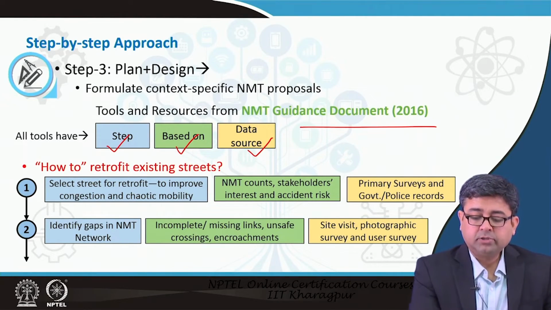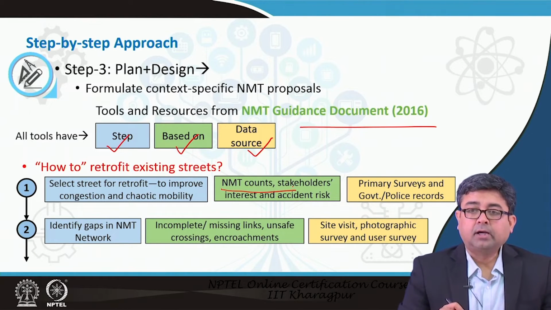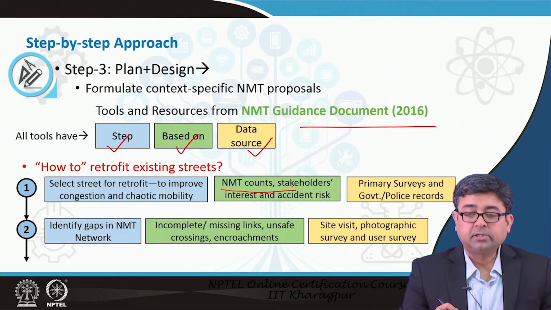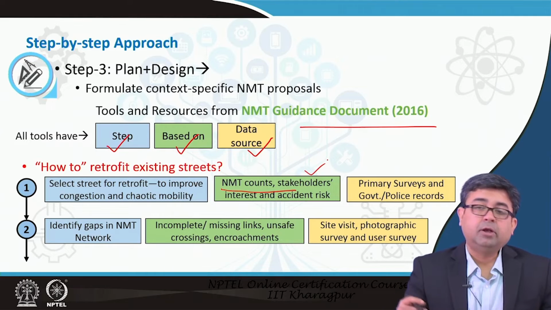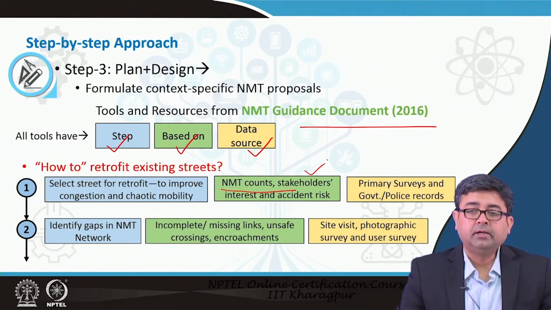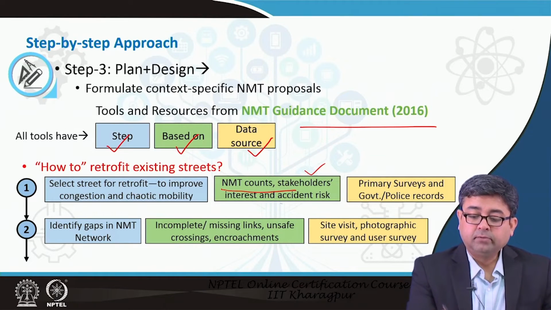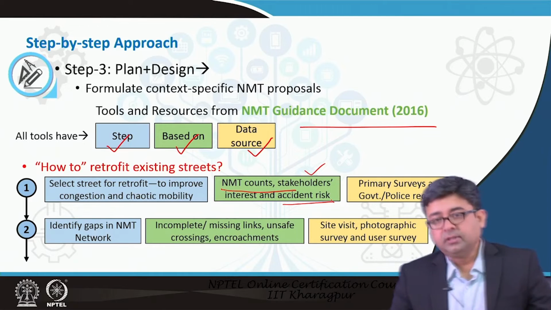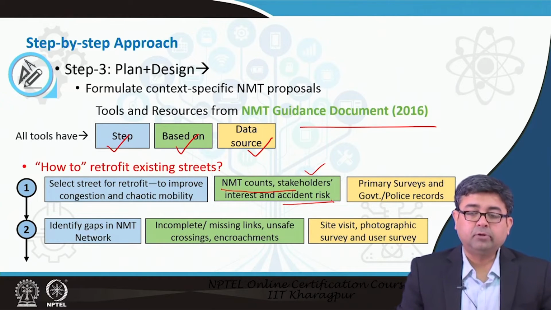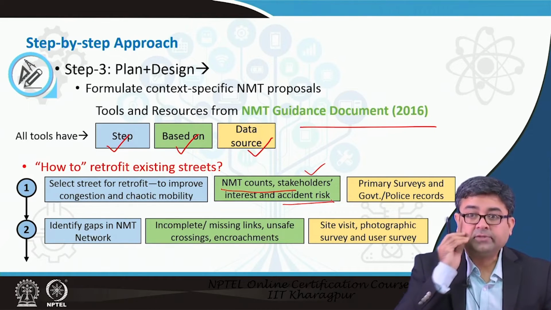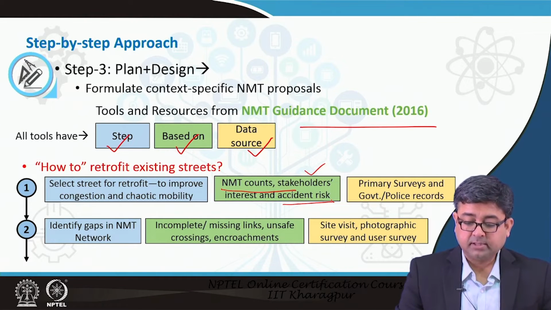Based on what? Then you may conduct counts of non-motorized traffic plying on that street. You may look at the stakeholders. There may be a lot of shops there, or a lot of offices, or a metro station. So, you have to look at all the users of these facilities to see if that is what they really want at that location. You may also look at the accident risk. If it is an area with a lot of non-motorized transport, but also the speed is very high or the facilities are not very good, then the accident risk increases.